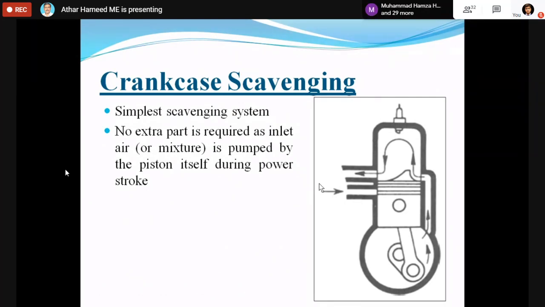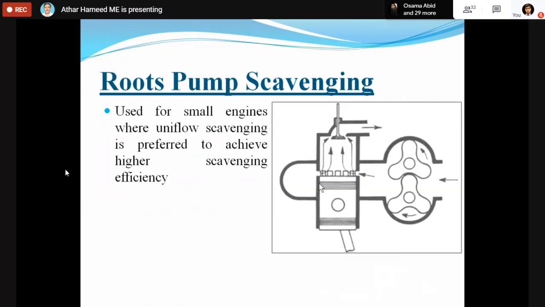When the piston is coming down, it compresses the fresh charge inside the crankcase and pushes it, since at that time the inlet port is closed, through the transfer port to the inside of the chamber. What is the chamber? It is above the piston head, inside the cylinder. So this is crankcase scavenging. It is used for small engines; you can get it from this, that it can only be used for small engines.